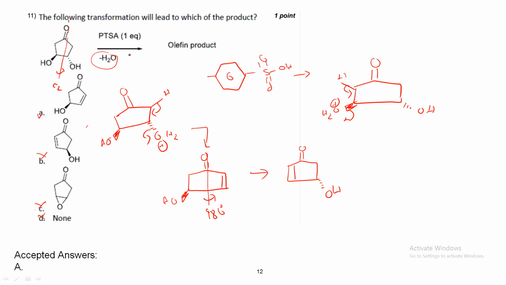So this particular conversion would be reversible, because we need to do elimination, and when the carbocation is generated, H2O always can attack this and regenerate this kind of molecule.